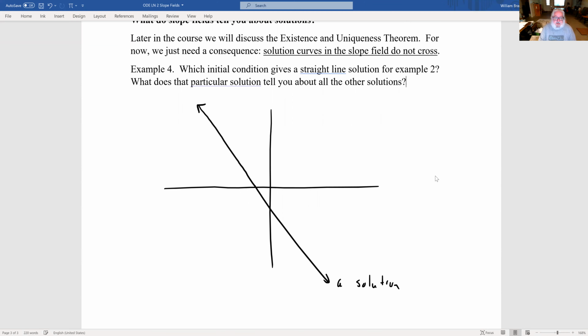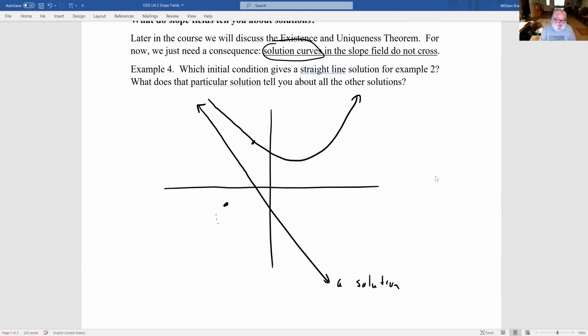In the slope field, when you draw them, the solution curves never cross. So if I start up here, a solution that starts up here can never cross this line and end up down in this part. And in fact, we saw that any kind of solution curve looks something like that.